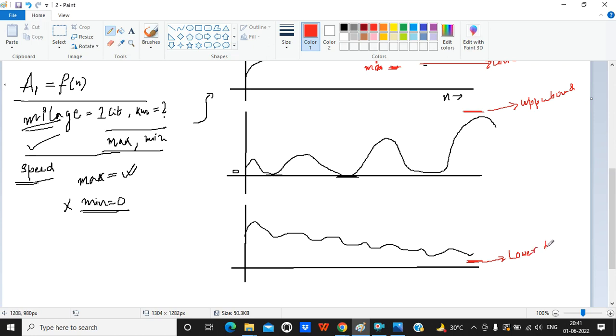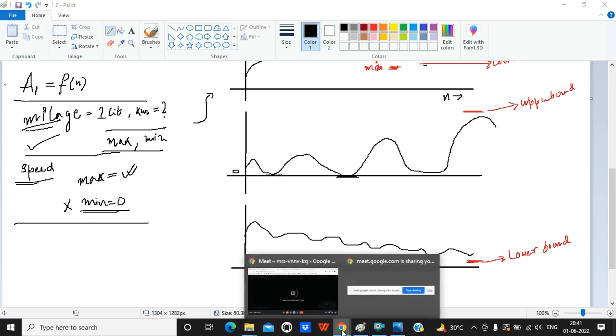Suppose if we are taking temperature, sometimes it may go in increasing order also. Sorry, I could not understand because your voice is cracking.